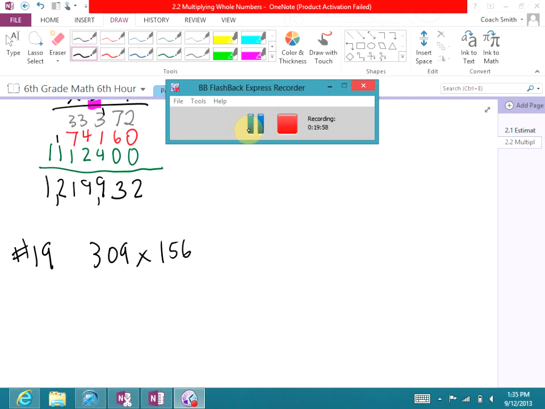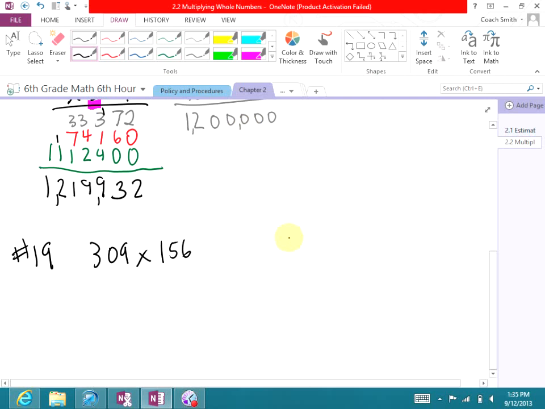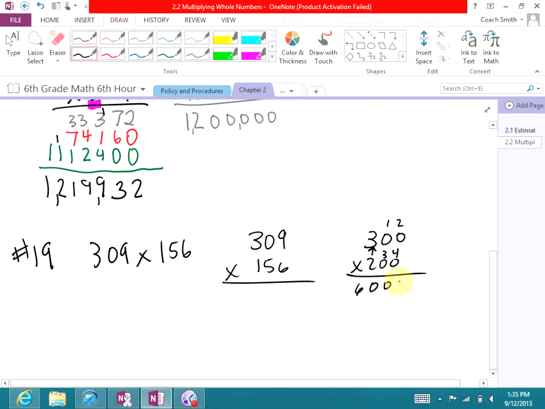First of all, obviously we've got to list this vertically, so we go 309 times 156. Okay, our estimate is 300 times 200. Now, I am multiplying 3 times 2, which is 6, but some of you missed this part. There's 1, 2, 3, 4 zeros. So I got to have 4 zeros after my 6. Okay, so that would be 60,000 would be my estimate.